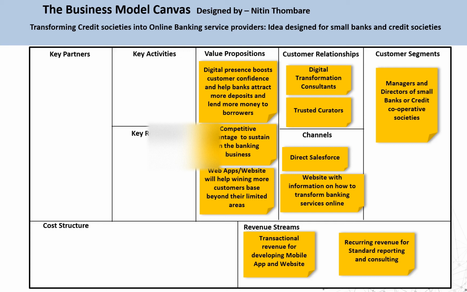Another recurring revenue would be analyzing the web traffic and providing standard reporting or actionable insights to these banks, in order to focus on the segment of their customers and take informed decisions.